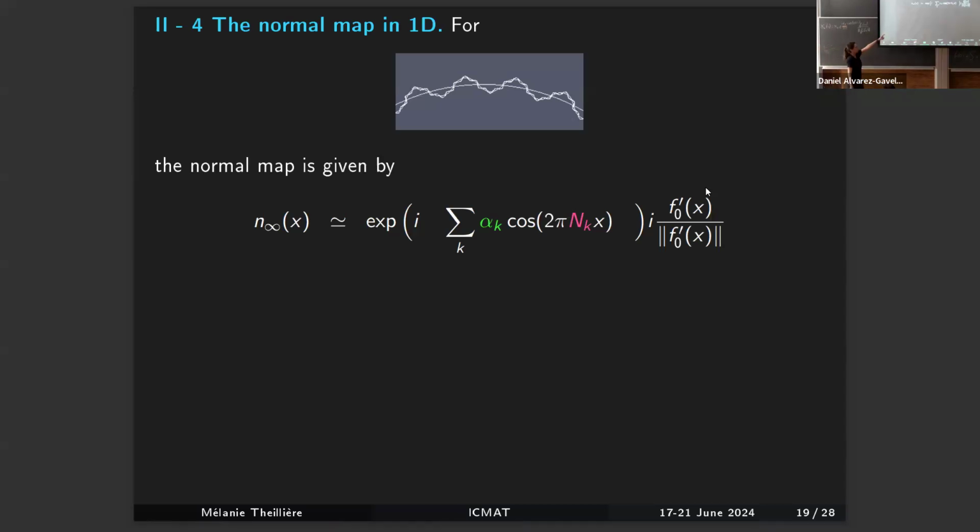So we have the sum of the angles of the arc of circle at each step, going to pi, the number of corrugations at each step, which controls the error. As the error is reduced, the number of corrugations gets bigger and bigger at each step, times the tangent vector at the beginning.